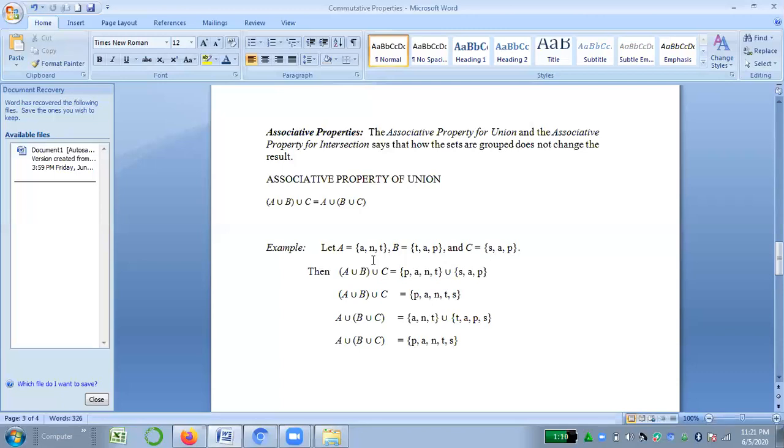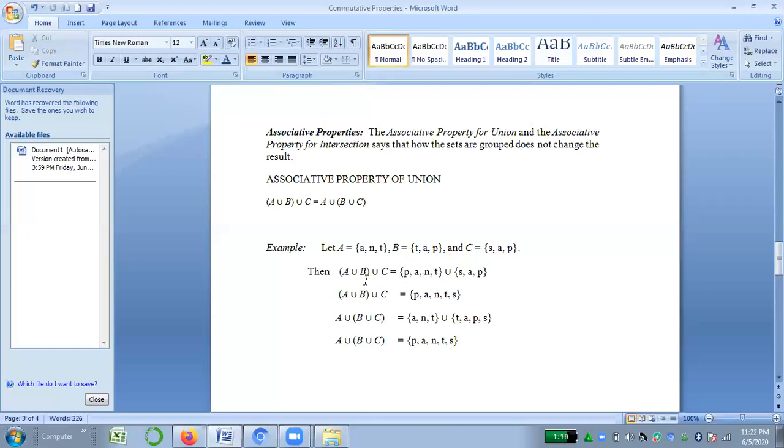So A union B, this is A, N, T, this is B, T, A, P. So we have written A from set A, then first of all we have written P from set B, then we have written A. A is twice, but we have to write one element one time only. So we have written A only once, then N from set A, and then T. So this is P, A, N, T, the set which is the answer of A union B.